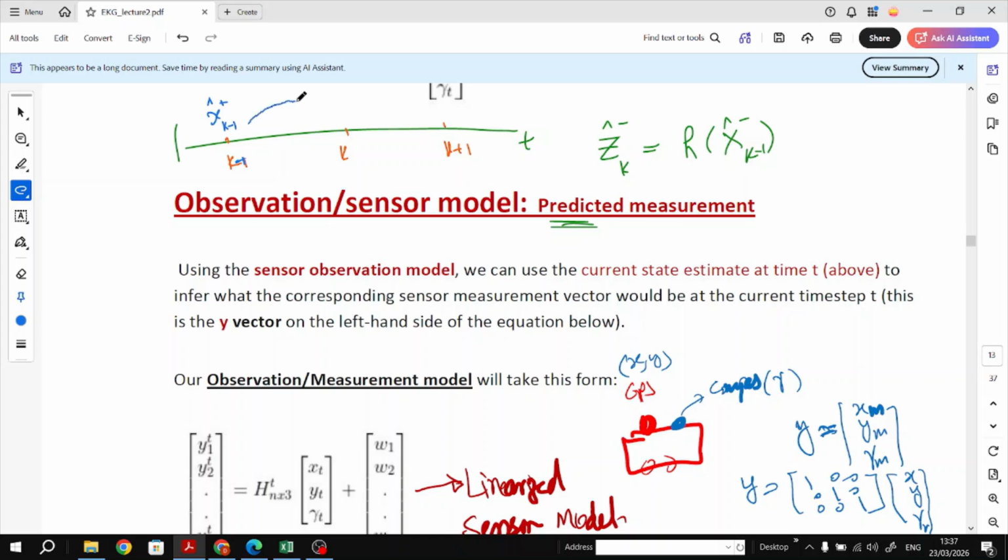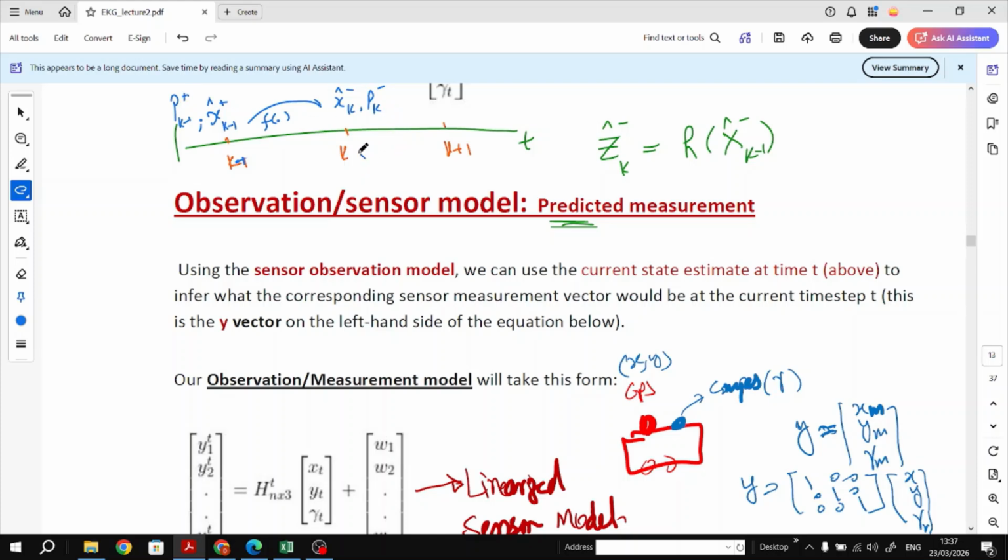You not only know the state, but you also know the initial covariance matrix at that time. Then you predict your state using the motion model, let's say f, a nonlinear function, and you get the predicted state at time k, and also of course your covariance matrix at time k minus 1. I have to give those notations.